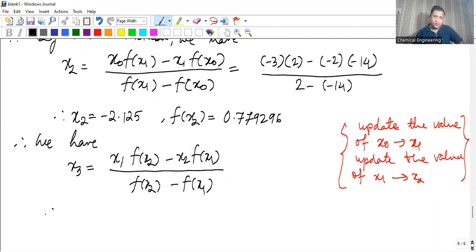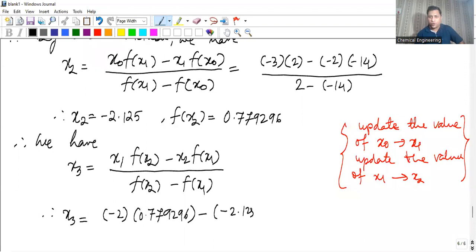Hence we can have x3 is equal to, so our x1 is minus 2, f of x2 is 0.779296, minus x2 is minus 2.125, and f of x1.